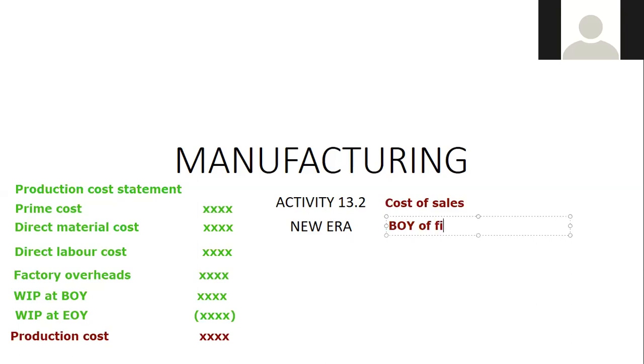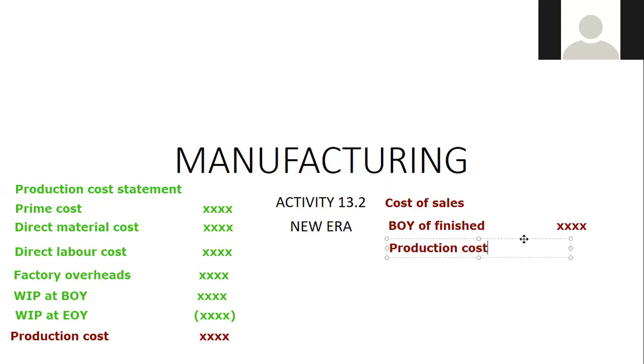So you look at finished goods and simply put in balance of finished goods at the beginning of the year. After that, what do you think will be next? Purchases or something like that? Nope. It'll be production cost.